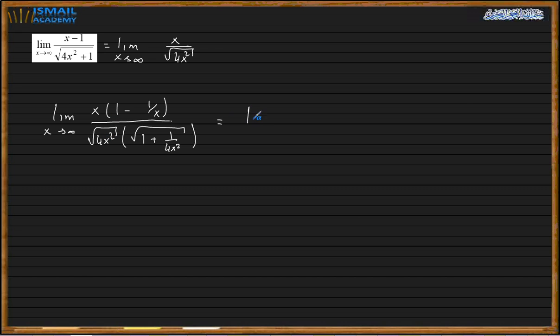It becomes the limit of x times 1 minus 1 over x over 2 absolute value of x times square root of 1 plus 1 over 4x squared when x goes to infinity. So x going to infinity means x is positive, so the absolute value of x will be equal to x.